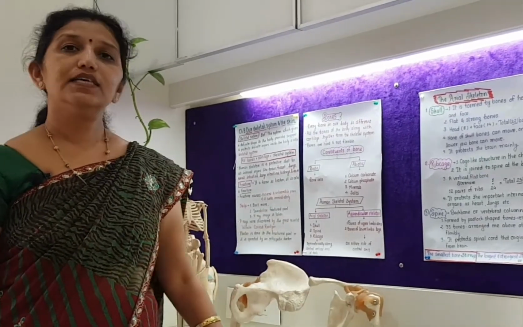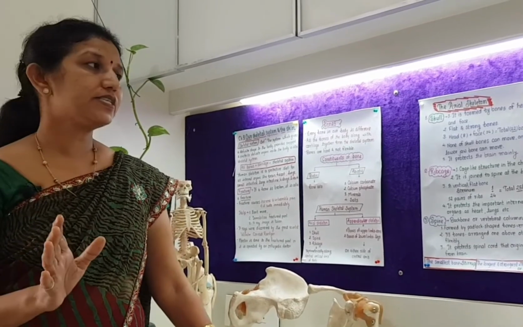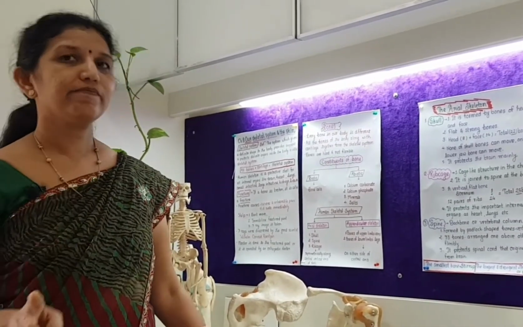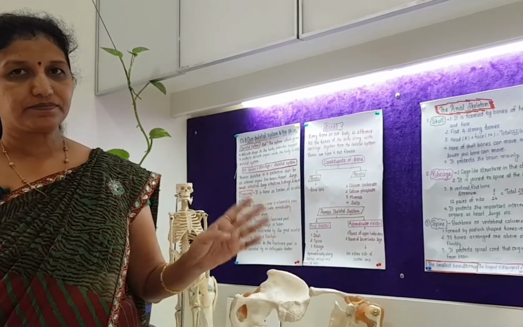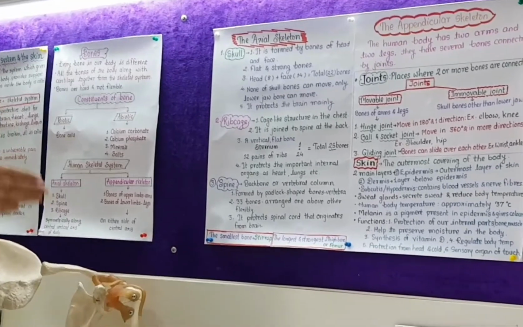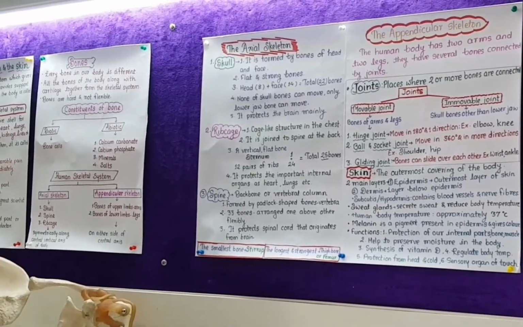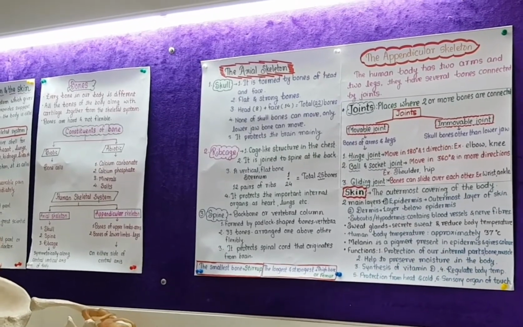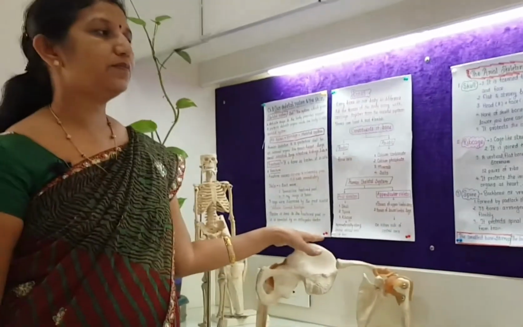Then the first type, movable joints, are again divided into three types, HBG: hinge joint, ball and socket joint, and gliding joint. Okay, it must be clear to you now, because I have explained them with the help of these teaching aids and practically also.